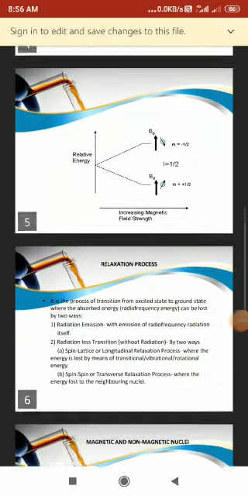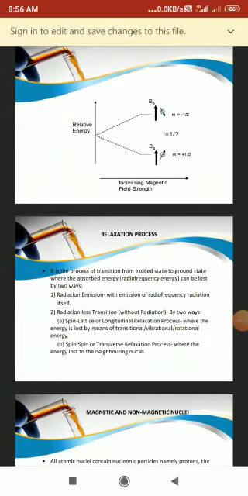Now, we have seen relaxation process. It is the process of transition from excited state to ground state, where the absorbed energy, meaning radio frequency energy, can be lost by two ways. The first way is radiation emission, with emission of radio frequency radiation itself, and the second way is radiationless transition, meaning without radiation.